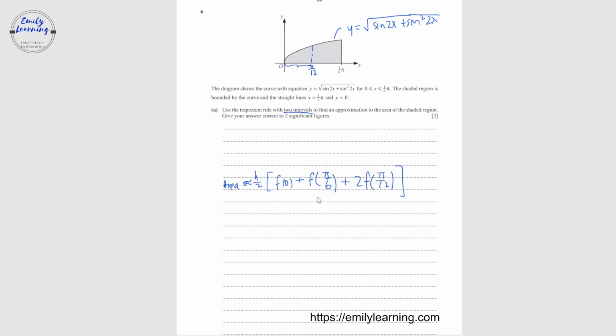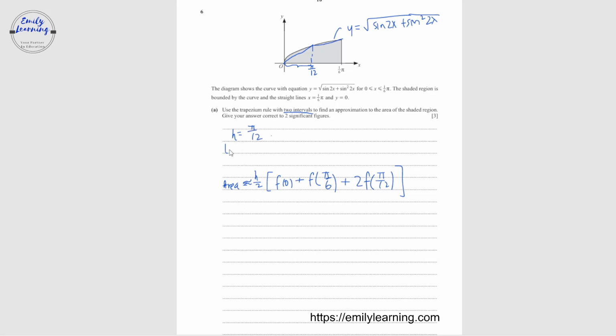This is the formula. Or you can also find the area of these trapeziums. In this case, this one is a triangle because at x equals 0, y is 0. But I'll just use the formula. So I know that h, the interval, is equal to pi over 12.